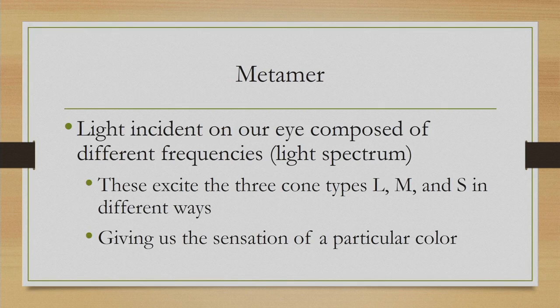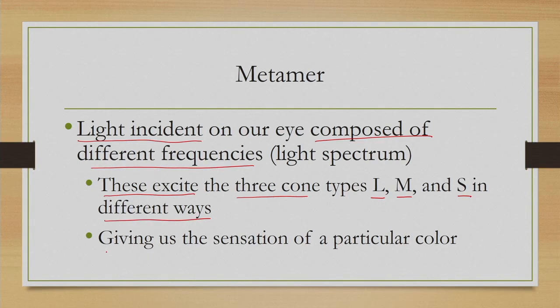Now, let us revisit what we have just discussed. So, when a light is incident on our eye, it is composed of different frequencies of the light spectrum, including the visible light frequencies. Now, these visible light frequencies excite the three cone types L, M, S or R, G, B in different ways.